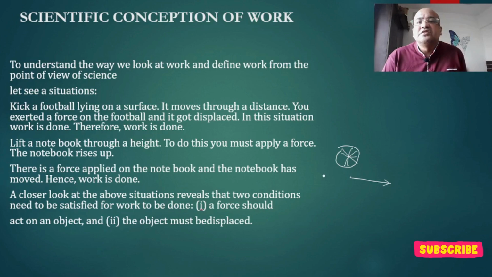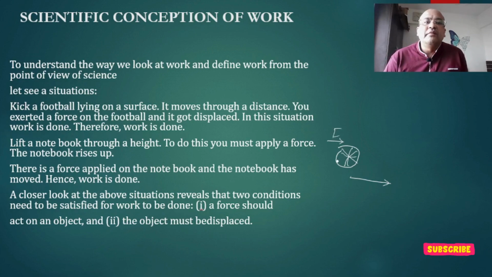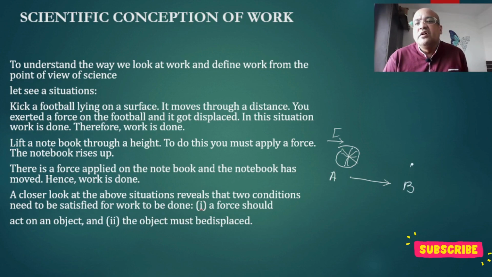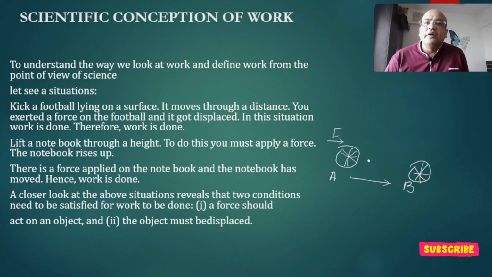So you exerted a force on this football, and it got displaced from position A to position B. The displacement is there and the force has also been applied. A to B, the ball has moved.